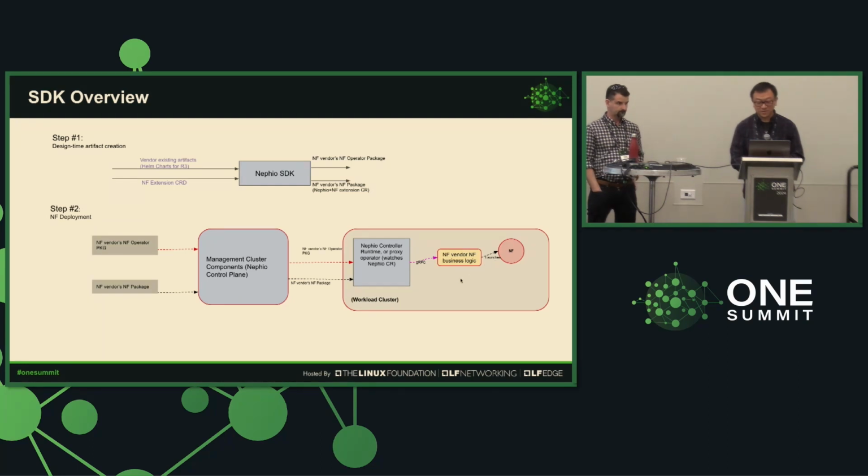And then somewhere you're supposed to send back the status to the runtime. So for L3, we have a little runtime that takes care of watching the Nephio CLs, and then integrates with the NF business logic, whatever language you write it in. I mean, Go for L3.